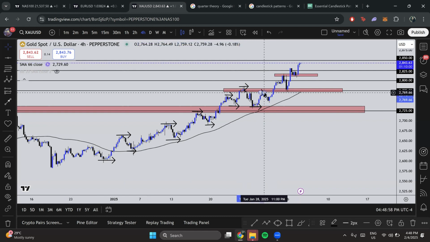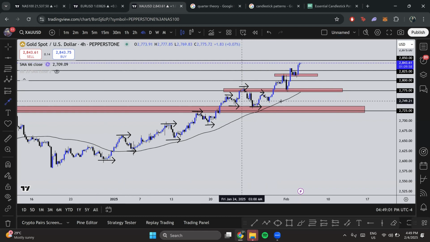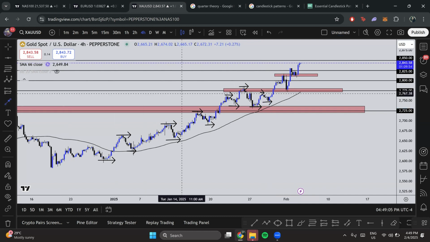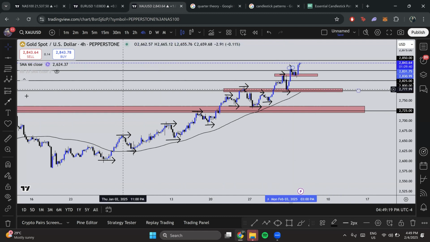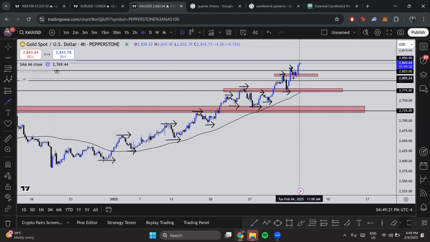Going back in, high, low, higher high. Then we got high, low. And then we got a high high. Then we have another high low right here.